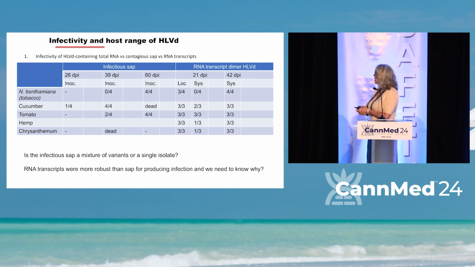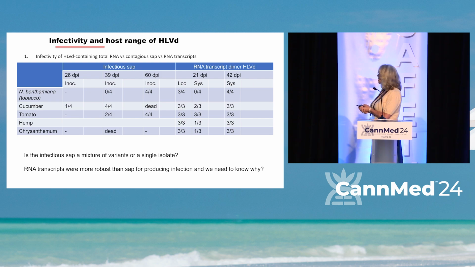We've compared using infectious sap, and we've also used our infectious clone that we've generated in our laboratory. We wanted to understand if you use sap from an infected plant that we've taken from the field, is our infectious clone technology as sensitive, as robust of an inoculum as taking sap from an infected plant?